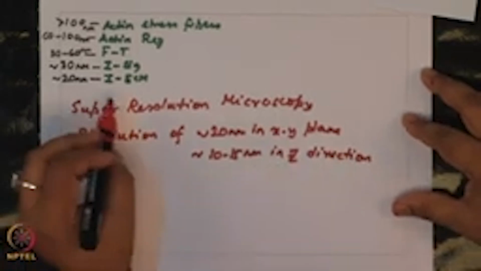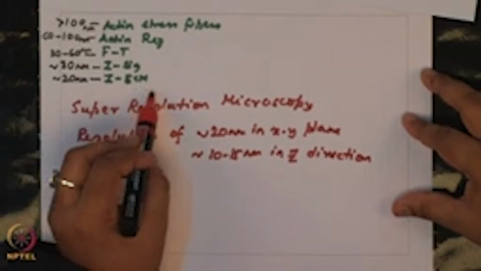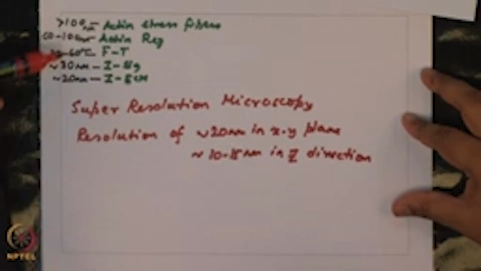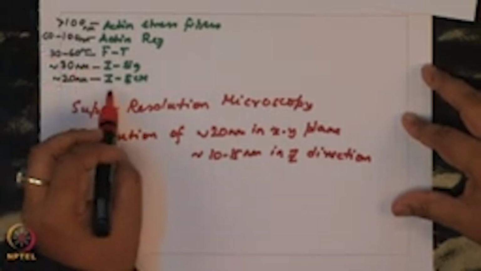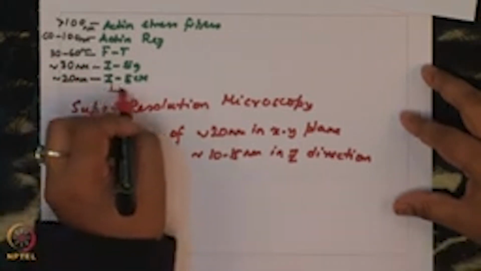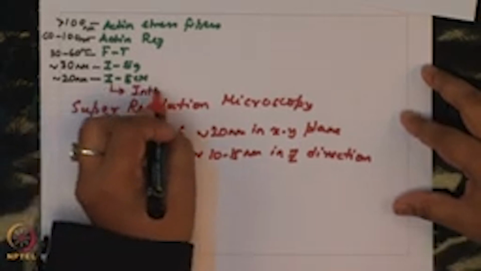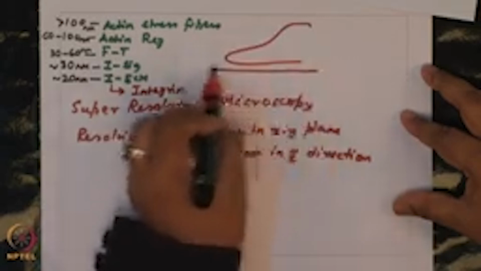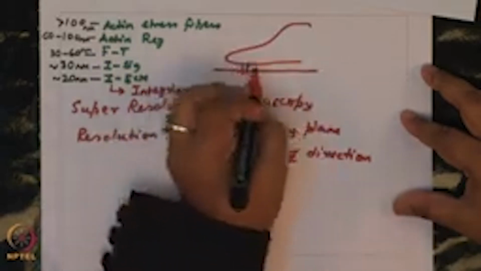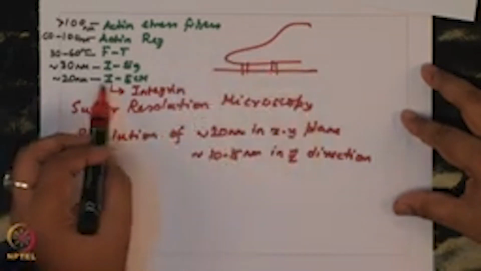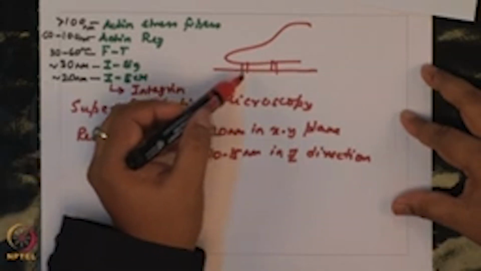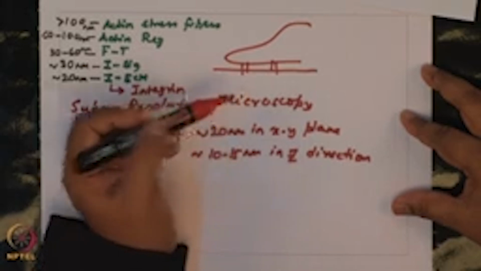Using this, she determined the spatial localization of individual focal adhesion proteins within focal adhesions. What she saw was, I is short form for integrin. You have this cell, you have the matrix. Closest to the substrate is of course the integrins, because this is what engages the outside of the cell to the inside of the cell.